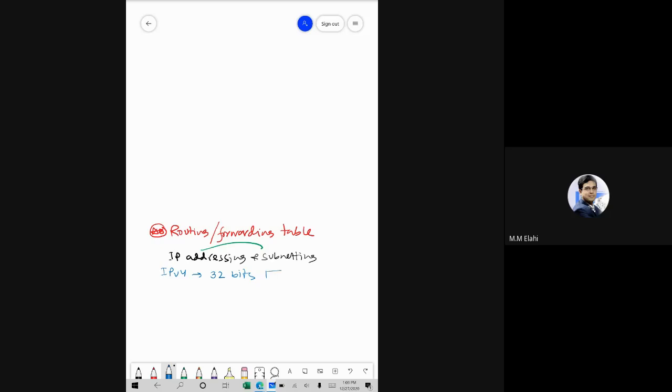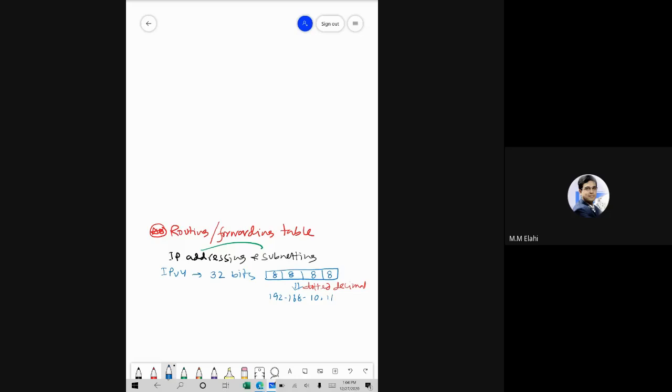That means these 32 bits are divided into 4 equal parts of 8 bits each, and the total IP address is represented in dotted decimal, for example, 192.168.10.11.